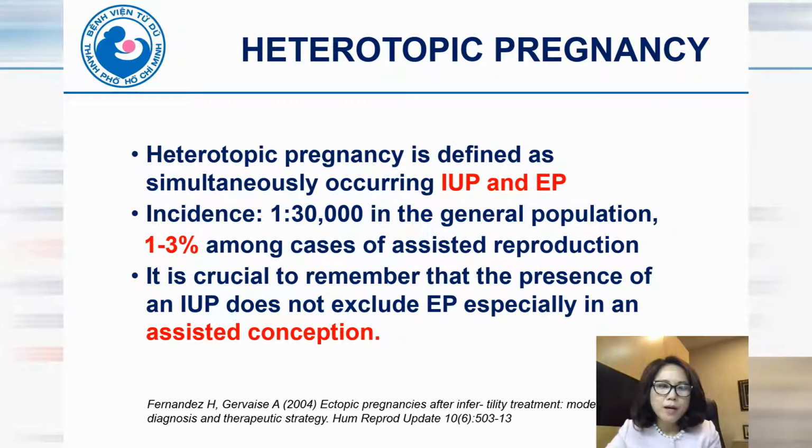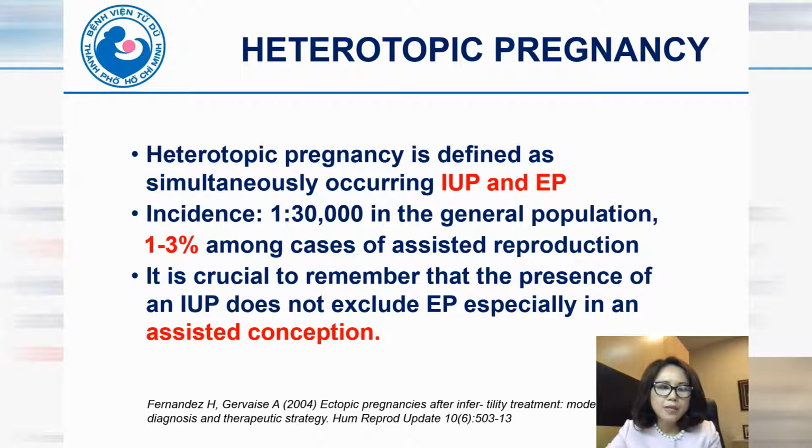And now I will talk about the last form of ectopic pregnancy, heterotopic pregnancy. Heterotopic pregnancy is defined as the simultaneous occurrence of an intrauterine pregnancy and an ectopic pregnancy. The incidence is about 1 in 30,000 in the general population.